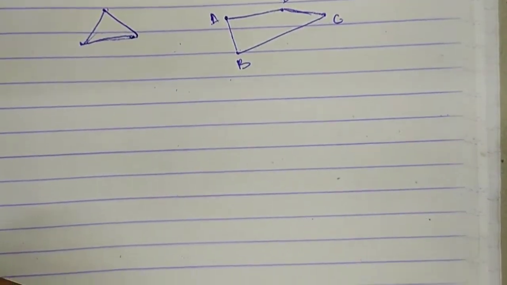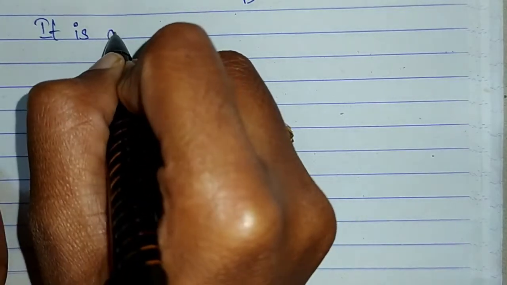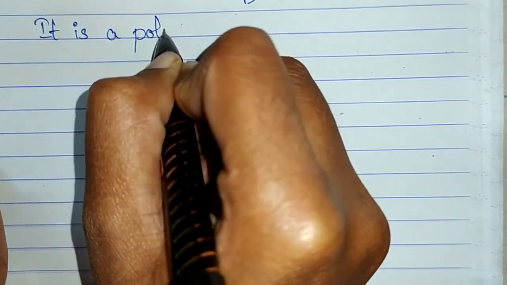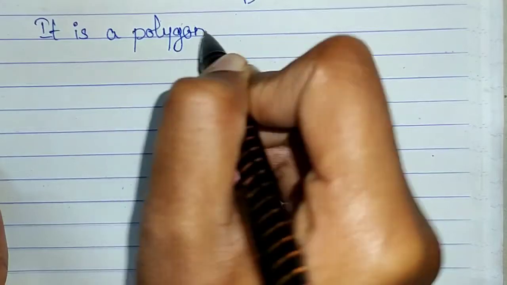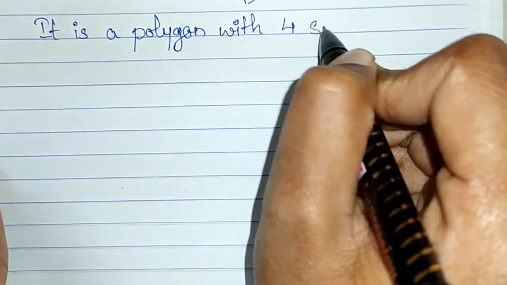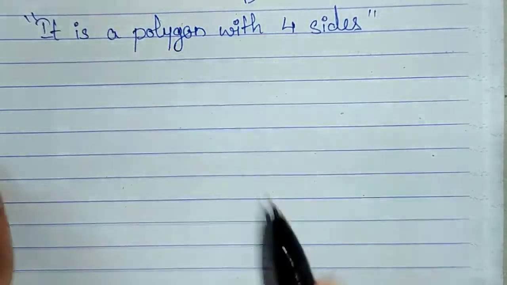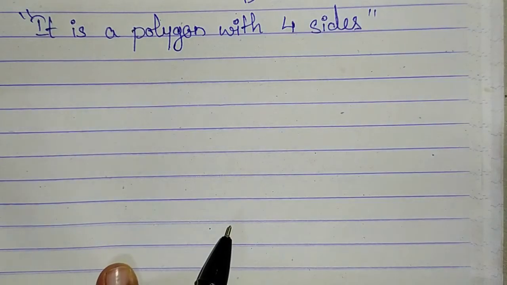So the definition is: it is a polygon with four sides. A quadrilateral is a polygon with four sides.